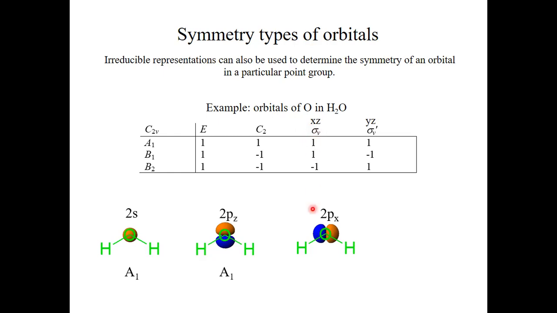Okay, so the sigma v mirror plane stands within the plane of the molecule. So as it stands within the plane of the molecule, does the algebraic sign of the wave function change or not? Yeah, we have an answer. No, it does not change. Correct, Alison, it does not change, and therefore the symmetry type must be B1. Okay.